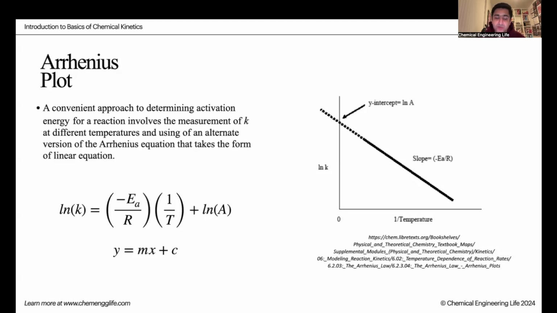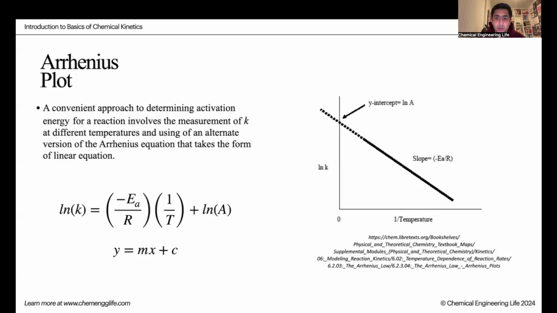So you can actually use this expression. You normally get the k value from performing experiments. So if you have the k value and the different temperature values, for example, let's say you perform 5 different experiments at different temperatures, and you calculate your k value for each experiment, you can then plot that on a curve.